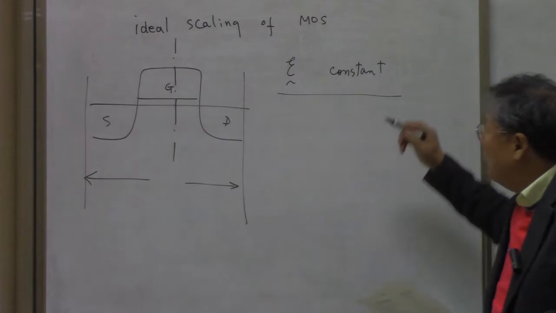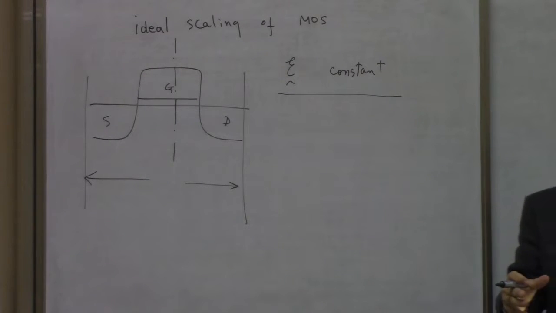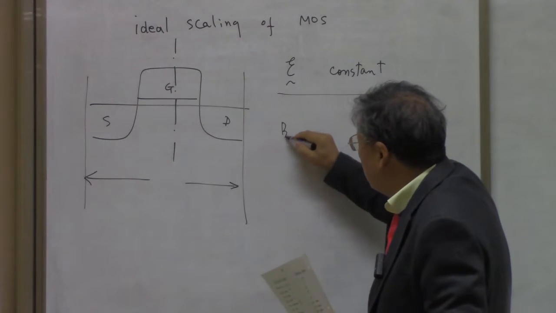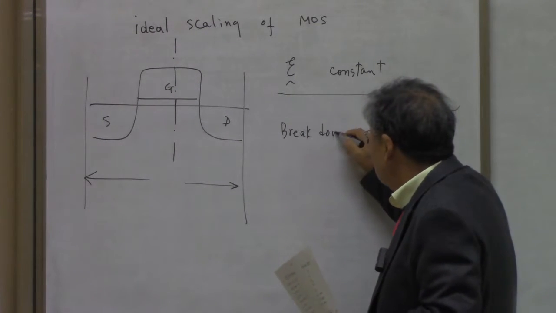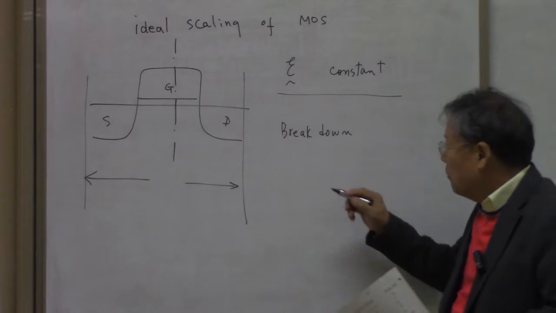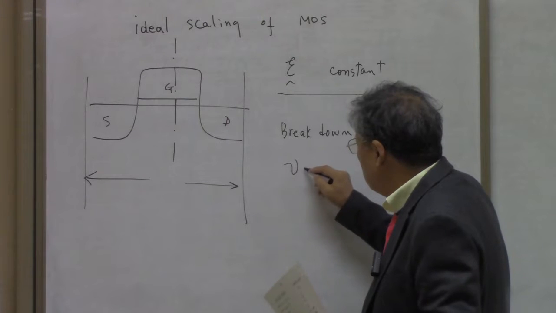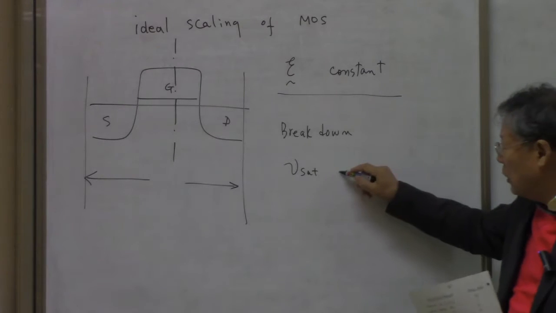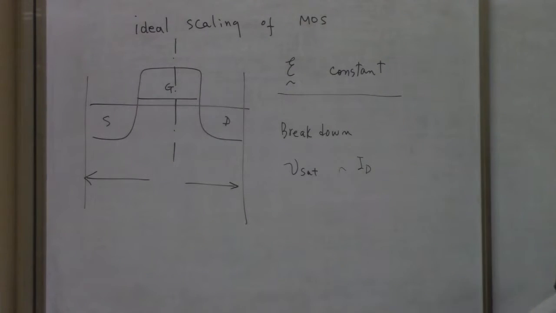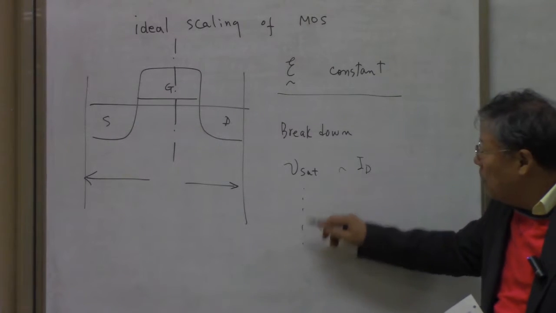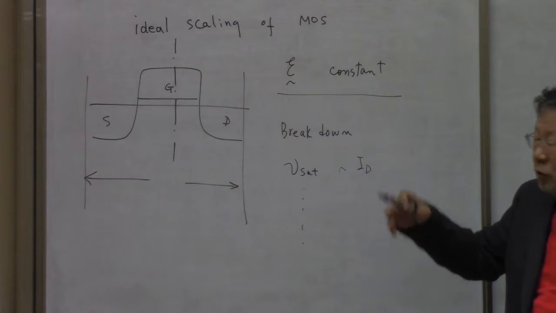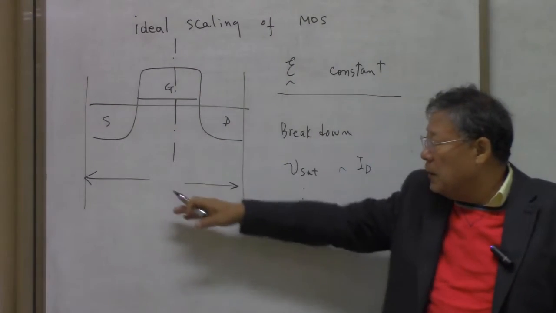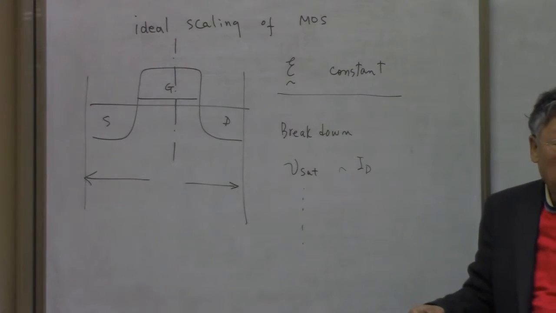Because if you change the electric field by scaling down the device, then many physical phenomena like breakdown and velocity saturation, which is related to the drain current, are going to be changed, because the physics inside the MOS transistor is going to be changed.